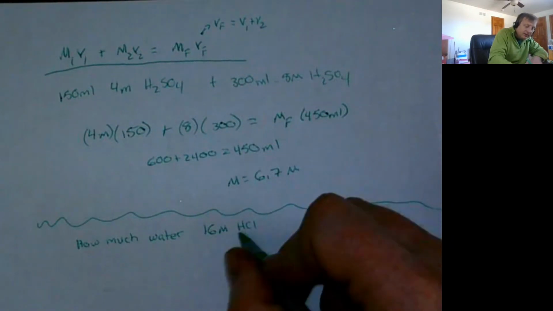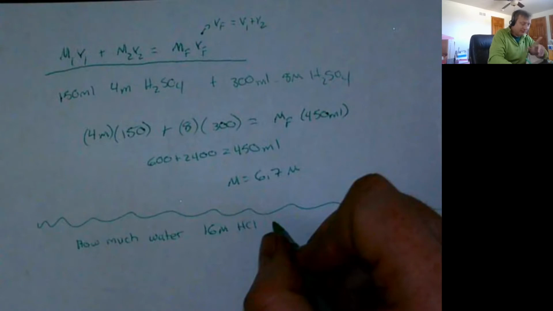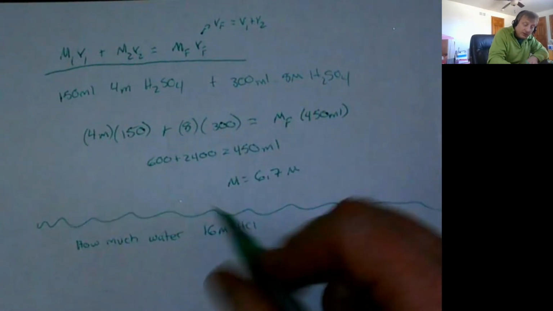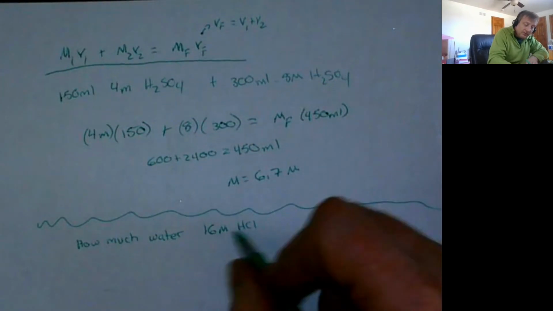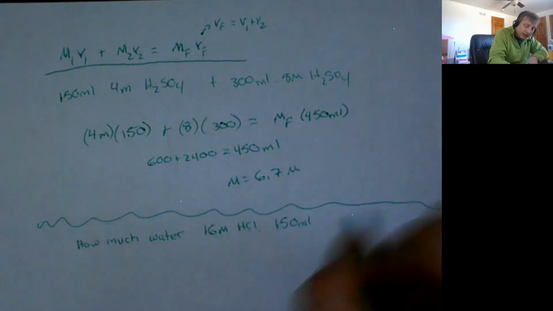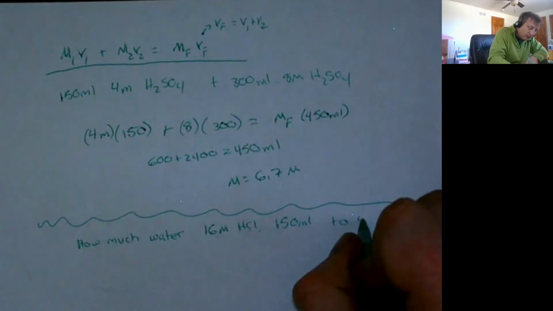I'm sorry, I'll do a different problem in just a second. I was kind of going on a little train of thought there. Okay, so how much water do we need to dilute 16 molar hydrochloric acid if we had 150 milliliters of it and we wanted to dilute that to, say, 4 molar?